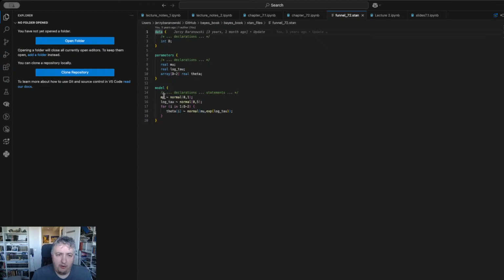We had priors for mu and log tau, and we had the proper values of tau here. But this is the so-called centered parametrization of hierarchical models.